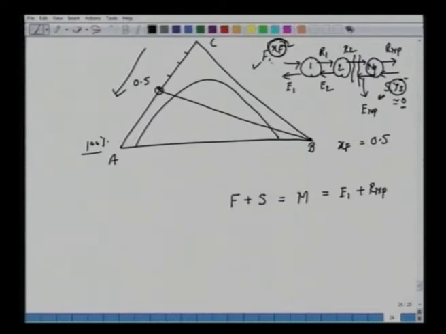F plus S, 2 incoming streams and 2 leaving streams, E1 and RNP. They are miles apart. They are not in equilibrium. At every stage, yes, there is an equilibrium. These 2 leaving streams overall, they are not in equilibrium. Okay, and we know the compositions: F XF plus S into YS. Of course, YS here is 0.